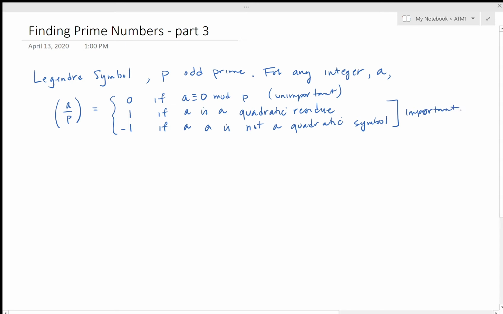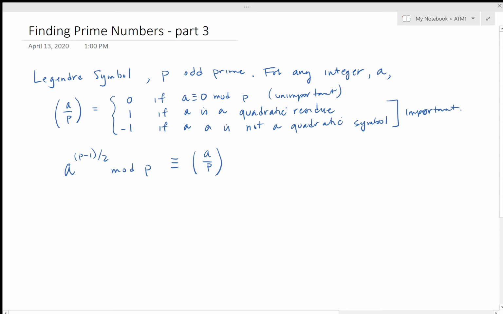We saw from before that we know how to calculate if A is a quadratic residue mod P: A to the (P minus 1) over 2 mod P, and if it's a quadratic residue, that has to be congruent to 1. That is in fact the same as the Legendre symbol.